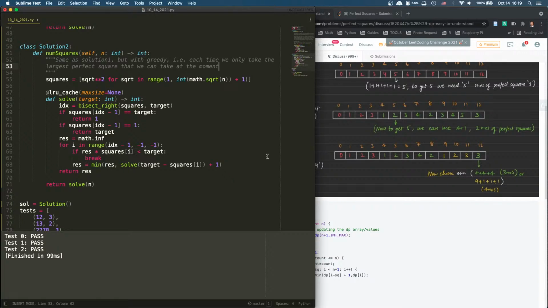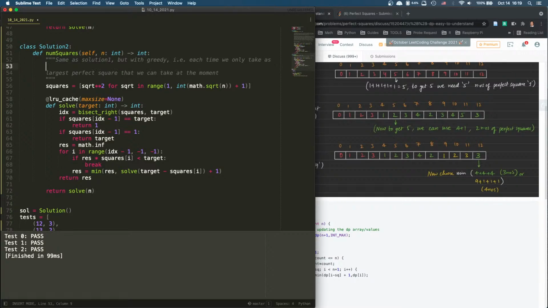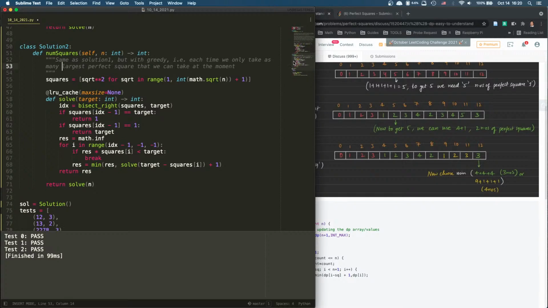We take as many of the largest perfect squares that we can take as possible at the moment.